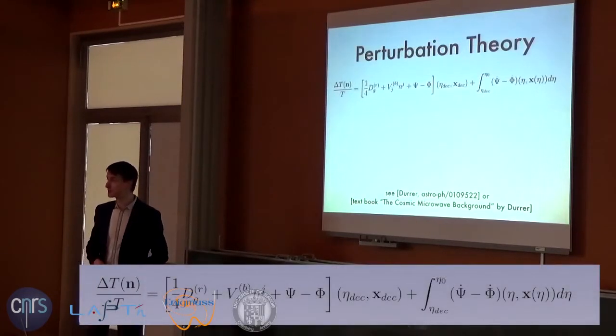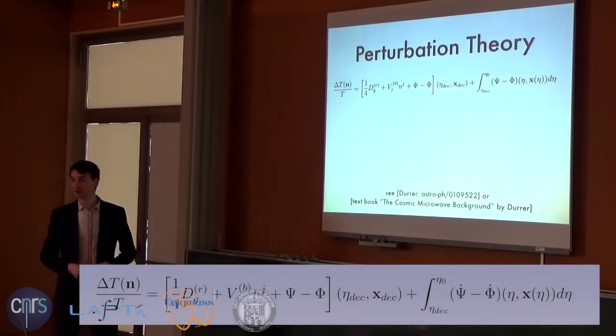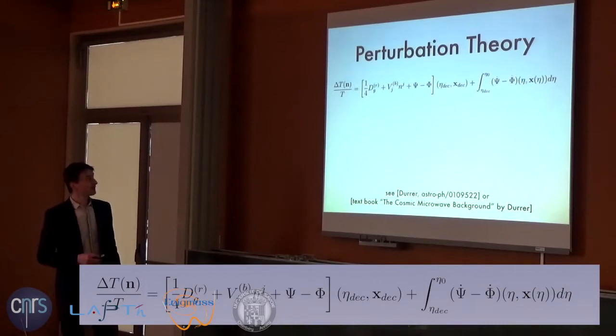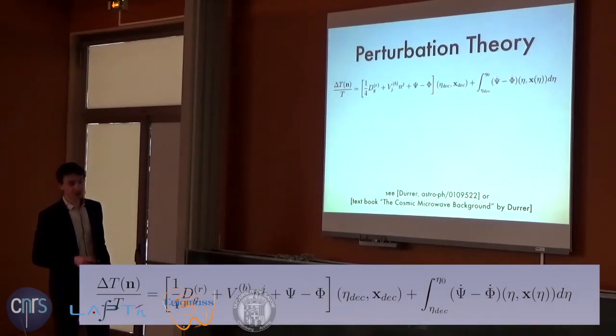Then the question was, how do you compute this cosmic microwave background from your theory? What is the prediction of cosmological theory to get to this temperature spectrum? The theory is given by the equation that's first written down by Sachs and Wolfe. So it's the Sachs-Wolfe equation.